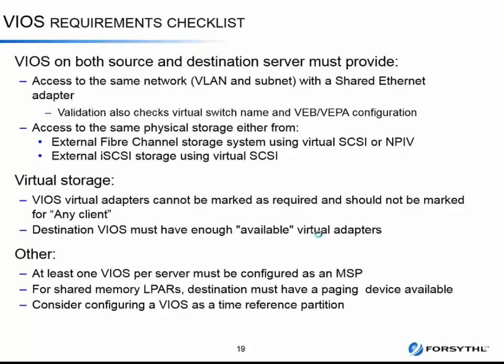Additionally, when you set up the destination or target VIO server, you need to make sure it has spare virtual adapters. So if you know you need 20 virtual adapters normally, don't set the maximum virtual adapters to 20. Set them to something larger. So, just seeing if I have that here. Here we go.